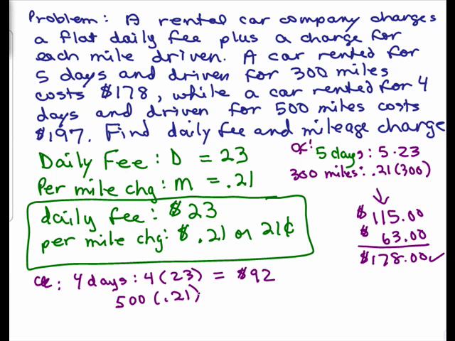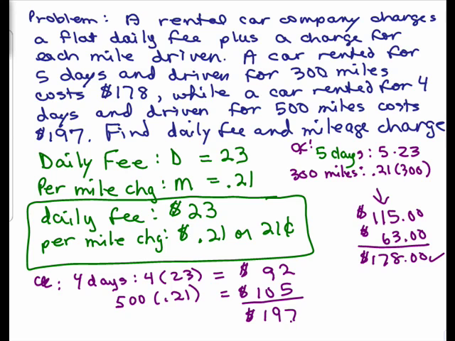So you have to do 500 times 0.21, and that's $105. That'd be easier if I lined up that 92 correctly, if I'm going to add down. So that would be $197, and it says yes, that was the cost.